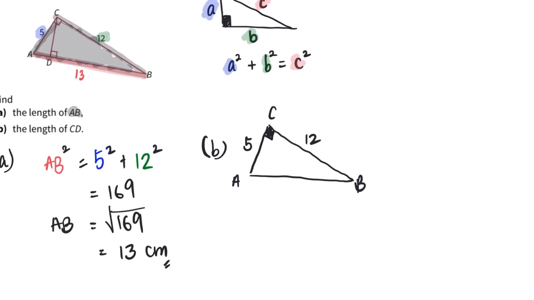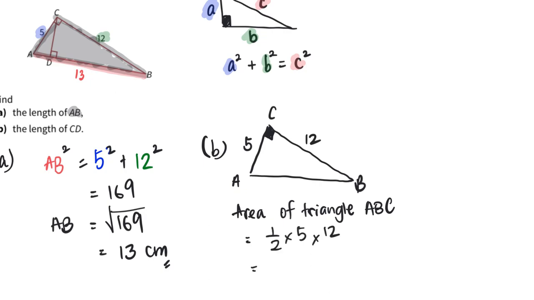Since I know that the right angle is here, the area of this triangle ABC is half times 5 times 12, 30 cm square. Why Mr. Tan wants to find the area of the triangle?